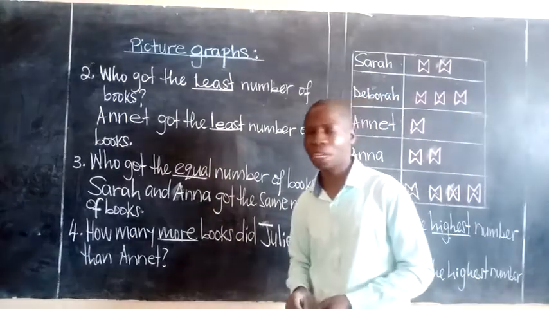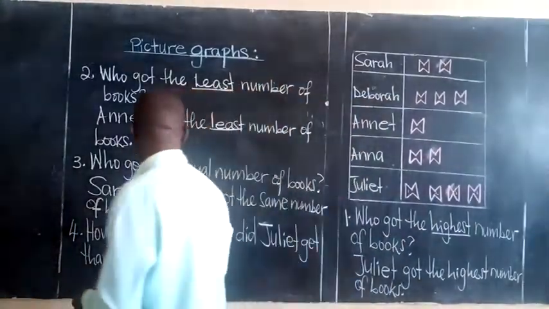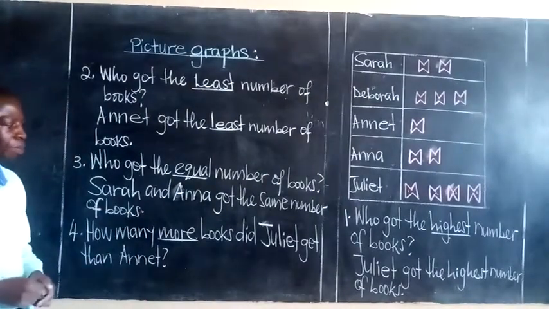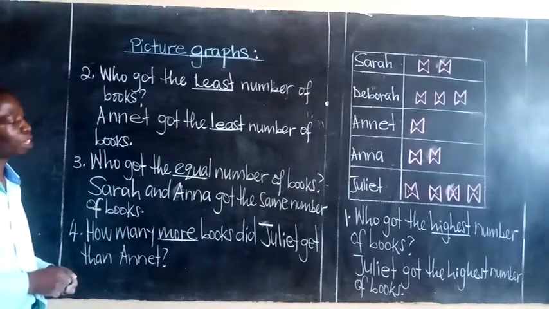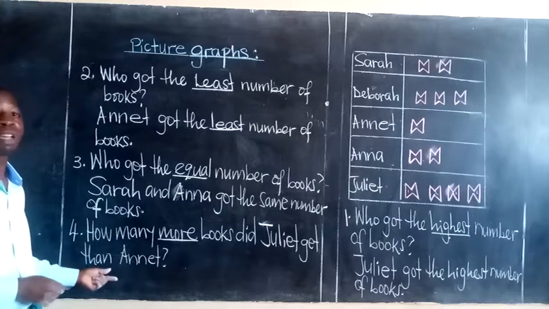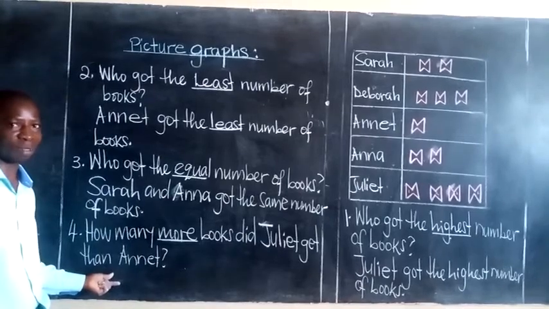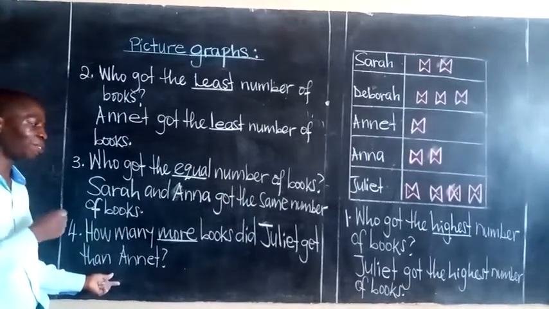So there we shall say Juliet, because the question requires how many more. So we need to find out the books that Juliet got, and then we find the difference. We talked about difference in our previous lessons. So we shall get the difference between the two.